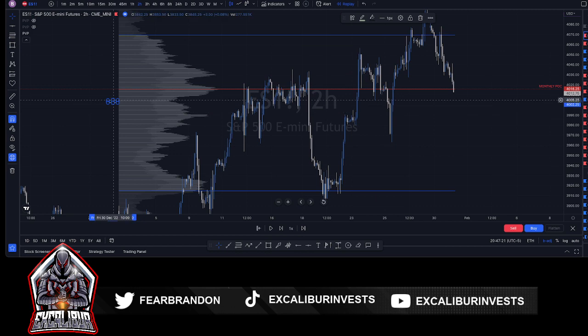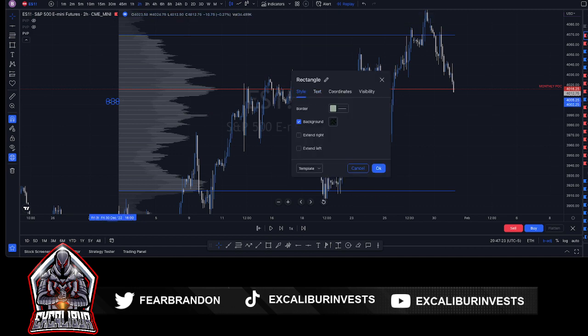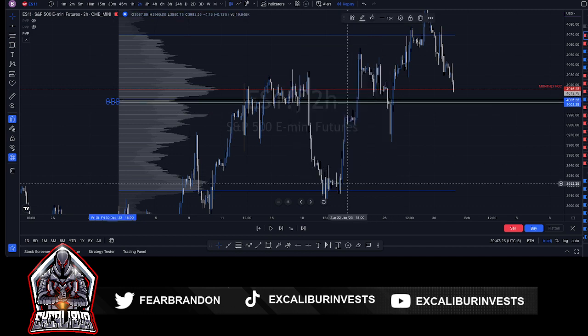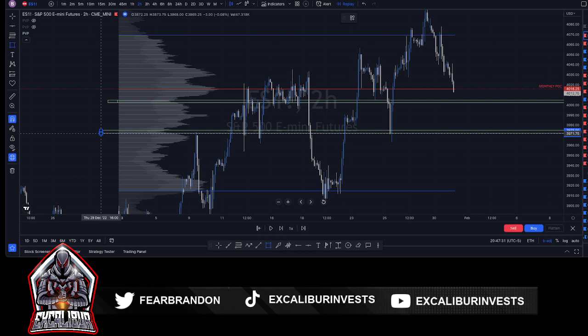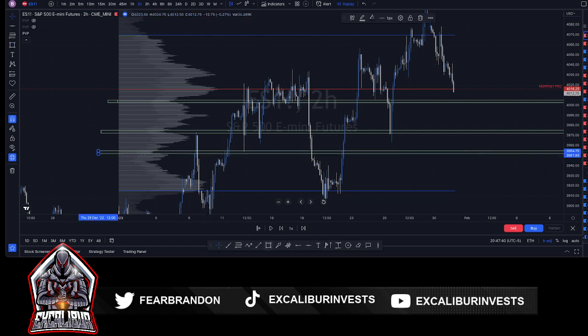Extend that right. These are areas where little volume is traded on this monthly, which just ended today. We're not going to go that far down because we know price didn't go down that far. On the upside, you can tell we came in right here.